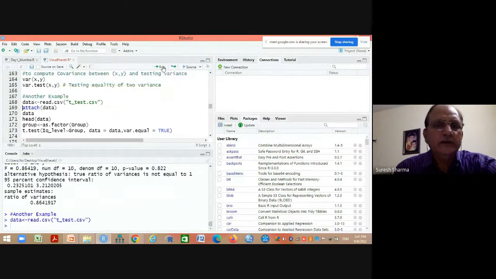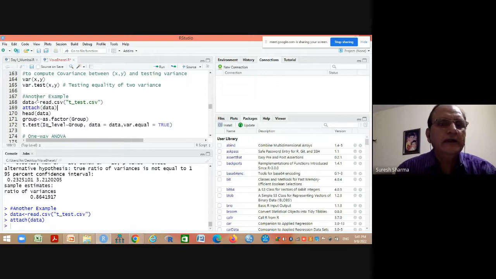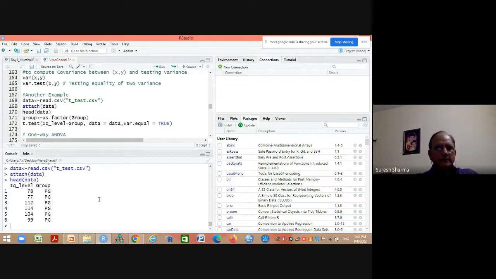Let me show you the data. So the data has gone into memory, and then attach data. Attach data means it will attach all the variables. If you see head of data, you can see what the variables are here. So these are the variables.